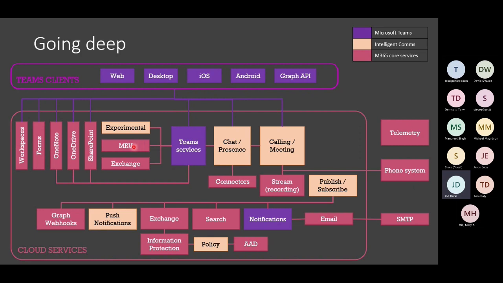MRU stands for most recently used, and this is the service in Teams that is handling the activity feed. So when you see what you've last read or what you've last replied to, that's where it's keeping track. And then, of course, other things are being pushed out to all of these other services in the cloud. Teams wouldn't work if it didn't have all these cloud services. So it is 100% a cloud-based application.